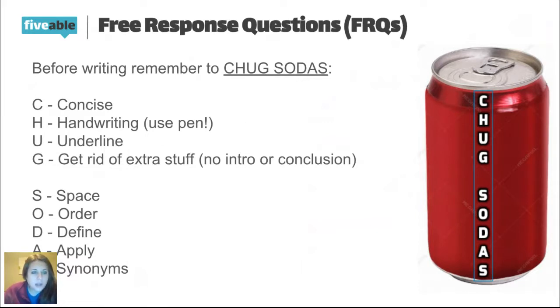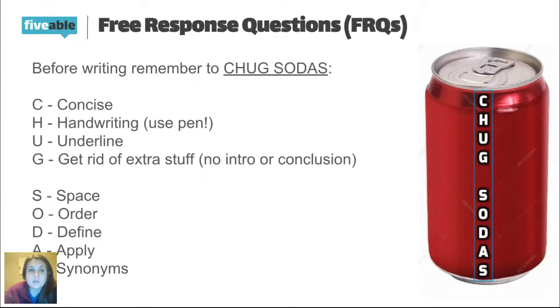Always, always, always underline whatever vocab word or term you're talking about, and then make sure you get rid of the extra stuff. You don't need an intro and you don't need a conclusion. When you're writing, remember to put space between each section or each paragraph. So each term should have its own paragraph, and then you should have a space between them.